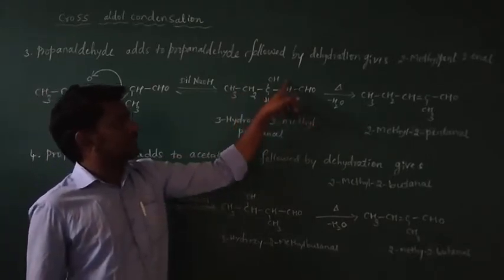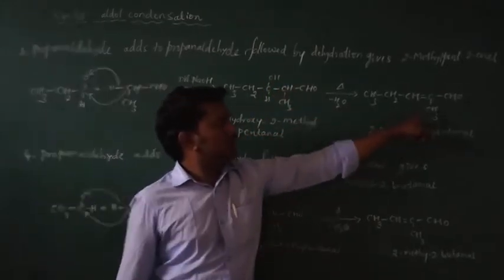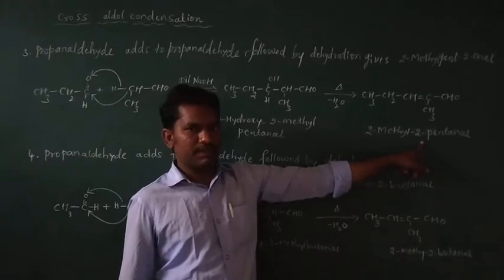By the loss of water from the alpha and beta carbons, it forms 2-methyl-2-pentenal.